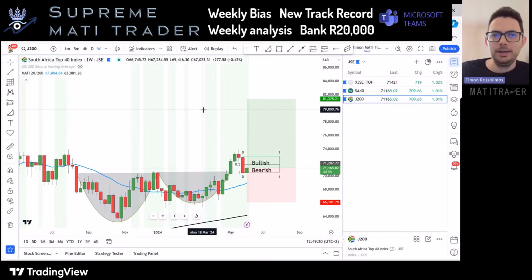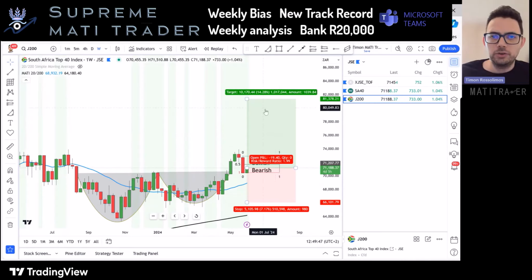A high risk to reward leads to a lower win rate. A lower risk to reward leads to a higher win rate. So that is the inverse relationship, an inverse correlation. Because we have a 60 to 70% win rate, our risk to reward is 1 to 2.